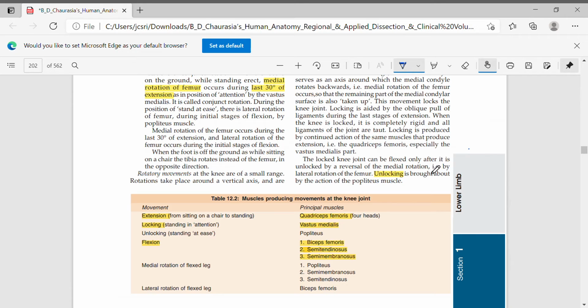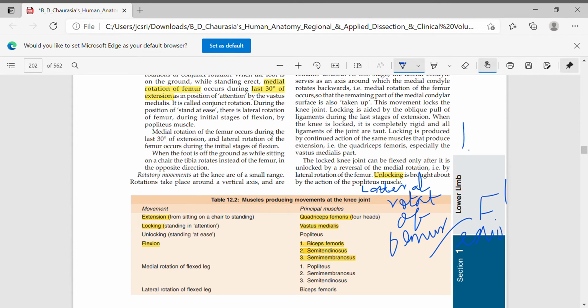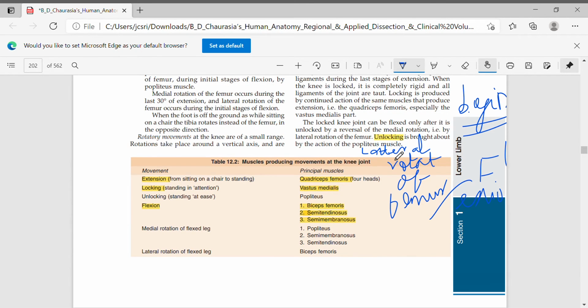So you can mention here that there is a lateral rotation of the femur, along with the beginning of flexion. As you can see right here, lateral rotation of the femur and flexion. It is brought about by the popliteus muscle.